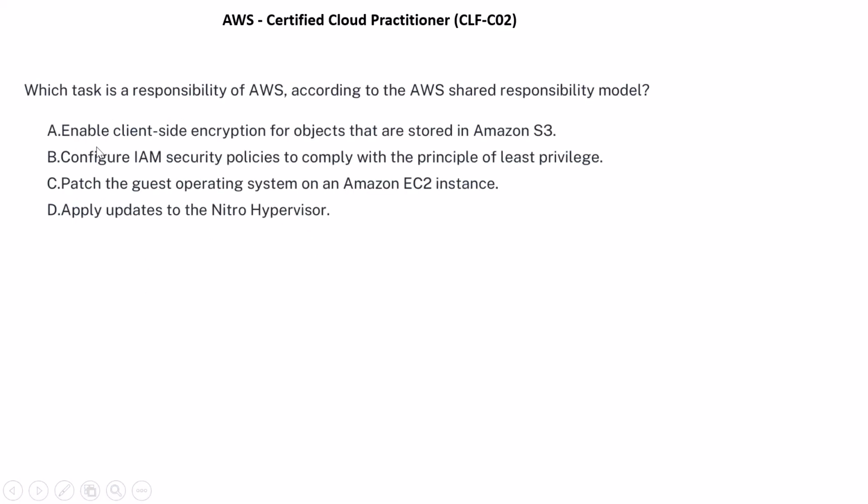Next one. Which task is a responsibility of AWS according to the AWS shared responsibility model? The options are option A, enable client-side encryption for objects that are stored in Amazon S3. Option B, configure IAM security policies to comply with the principles of least privilege. Option C, patch the guest operating system on an Amazon EC2 instance. Option D, apply updates to the Nitro hypervisor.